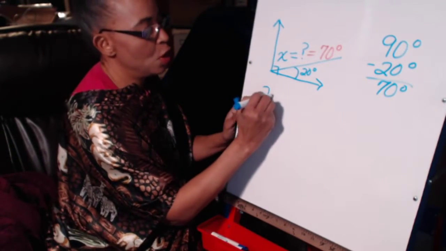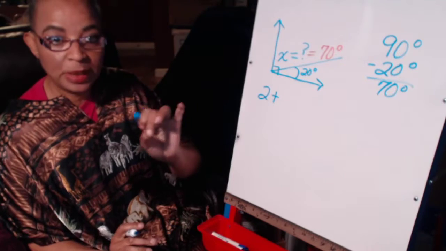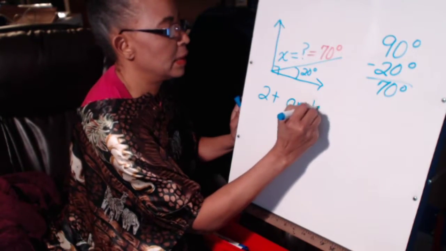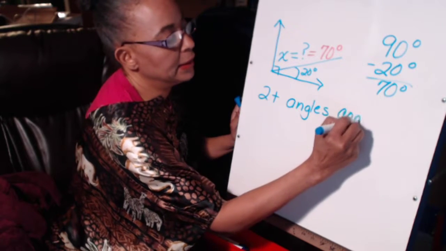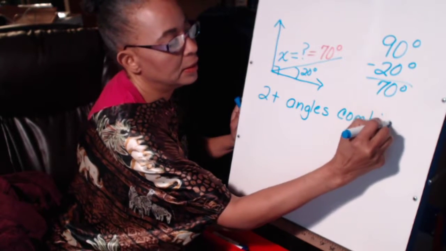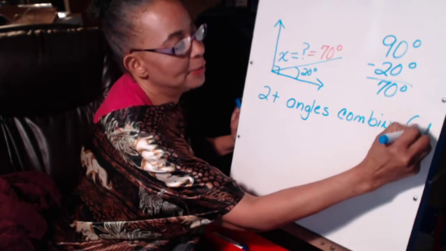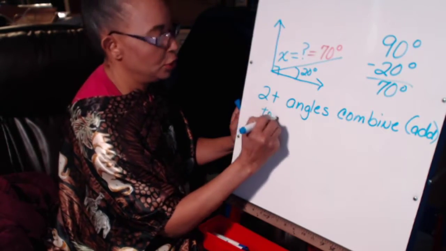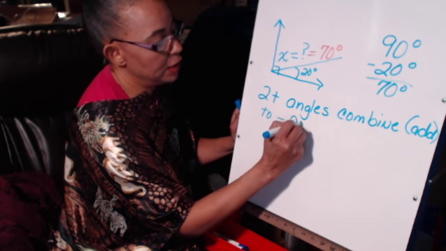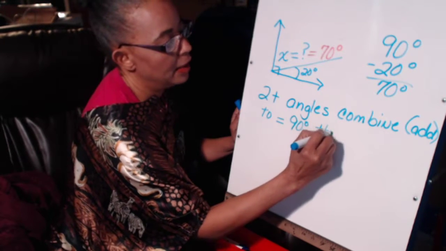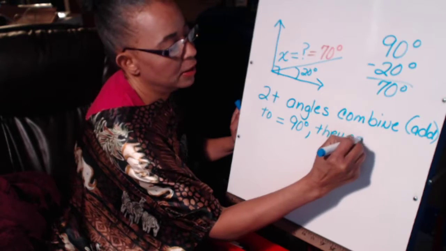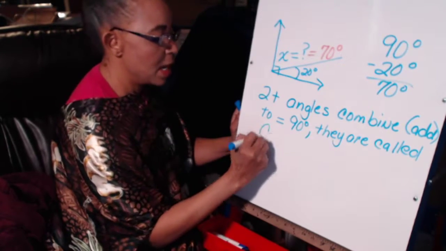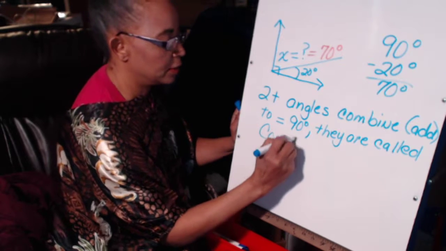When two or more angles combine, and when I'm saying combine, we're adding, to equal 90 degrees, they are called complementary angles.